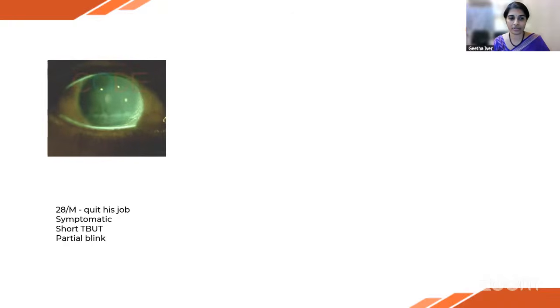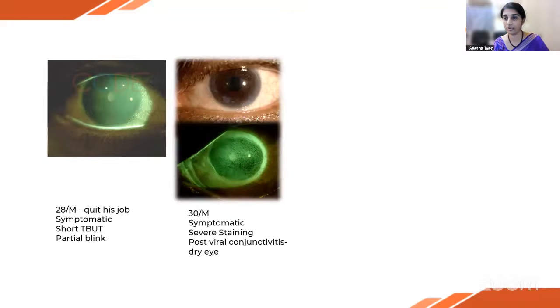I thought I should start off with this collection of cases. This was a 28-year-old male who quit his job, symptomatic, with a very short tear breakup time, as you can see here. And you can also appreciate that he has what we would call a partial blink. A 30-year-old male, symptomatic with severe ocular surface staining. This was a patient with post-viral conjunctivitis, dry eye.